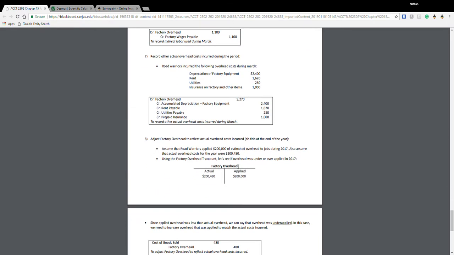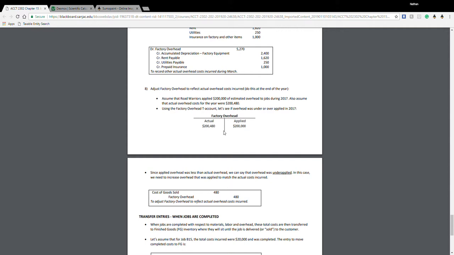So with that being said, we're going to take that journal entry and we're going to take the difference. So cost of goods sold gets debited for 480, and then factory overhead gets credited for 480. So if we keep the T-chart, we're going to end up having 480 right here after this adjustment, and it should balance out.